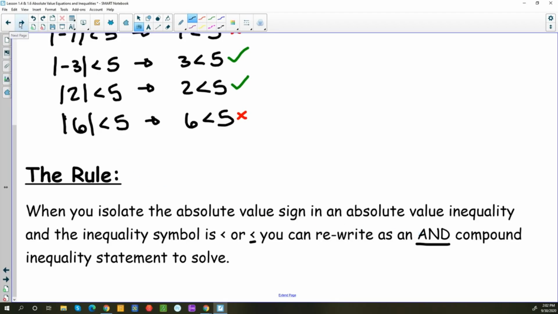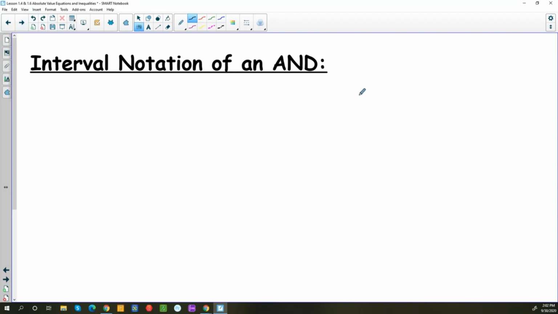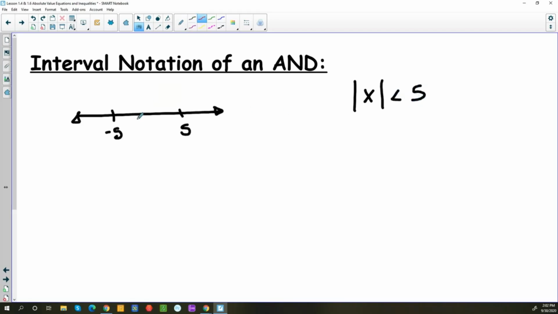So what does an and look like on a number line? So if we were to, again, take the example, so we have x is less than 5, we would have the open circles again from here to here. But we saw that numbers in between -5 and 5 were working. So what happens is you have this situation right here.